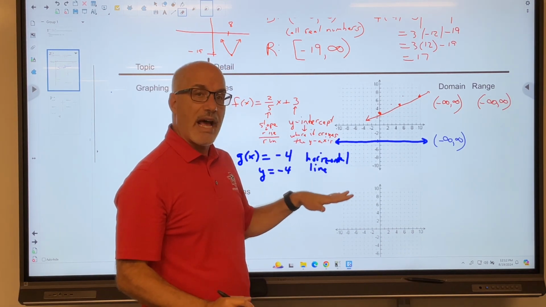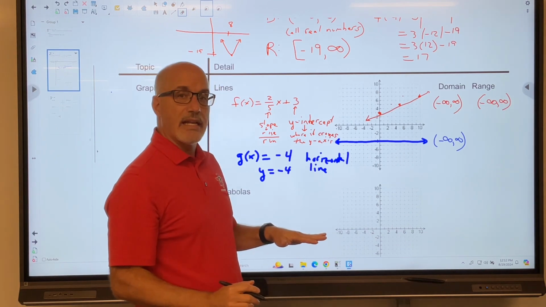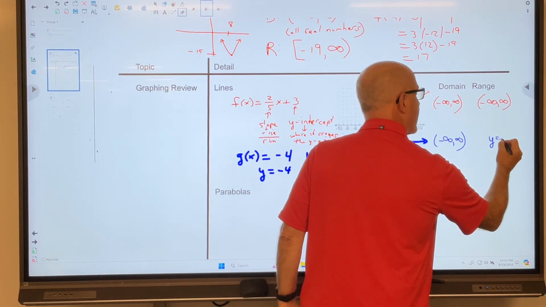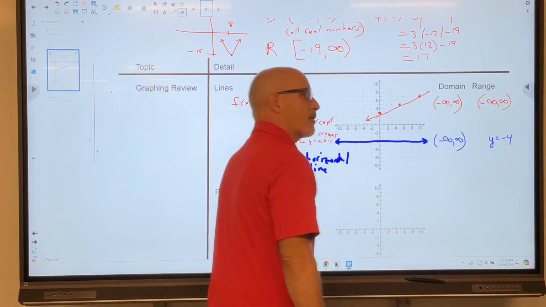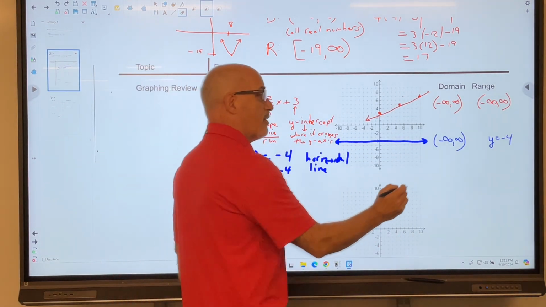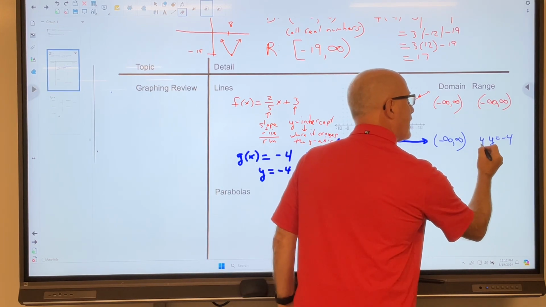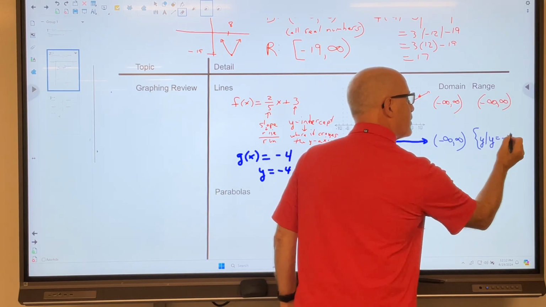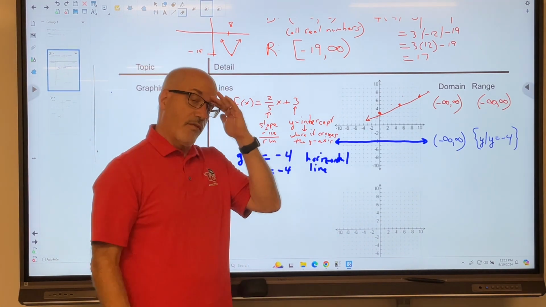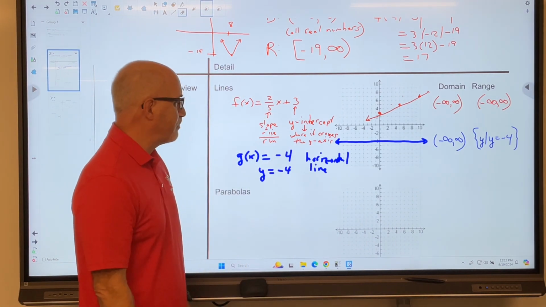So the only range value is just y equals negative 4. Okay, so you can just list it as that. You could put it in set builder notation if you want to, with y such that y is equal to negative 4. It's not between anything, and that's what interval notation is usually used for.